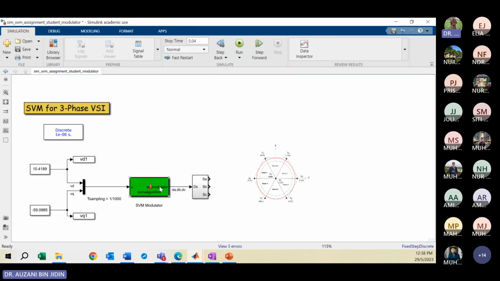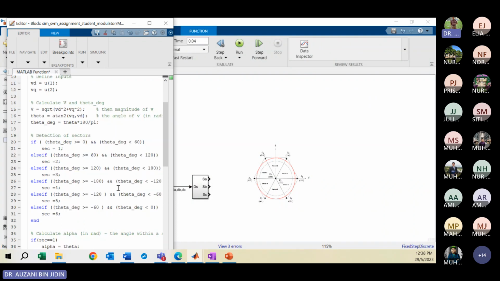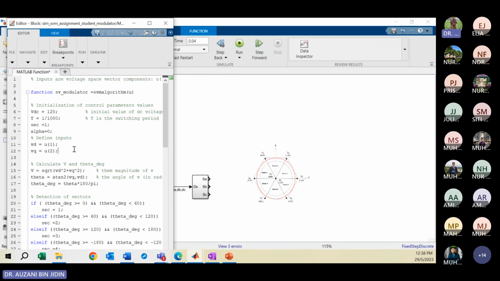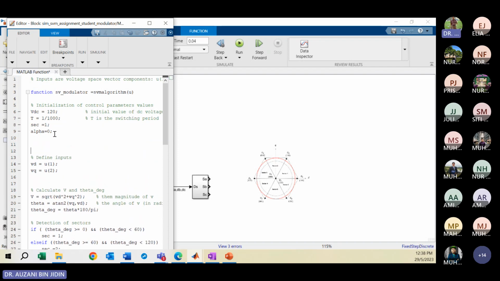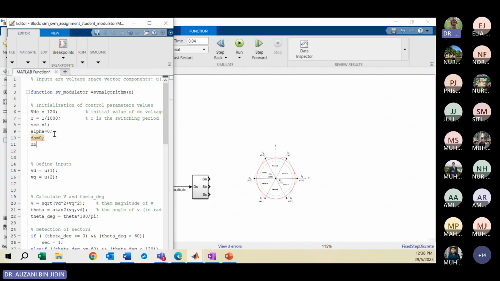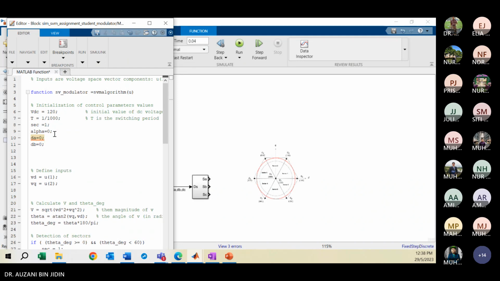One thing, you need to set the initial value of the duty ratio here, in this initial part. So for all the duty ratios, you set DA equal to 0, DB equal to 0, DC equal to 0.